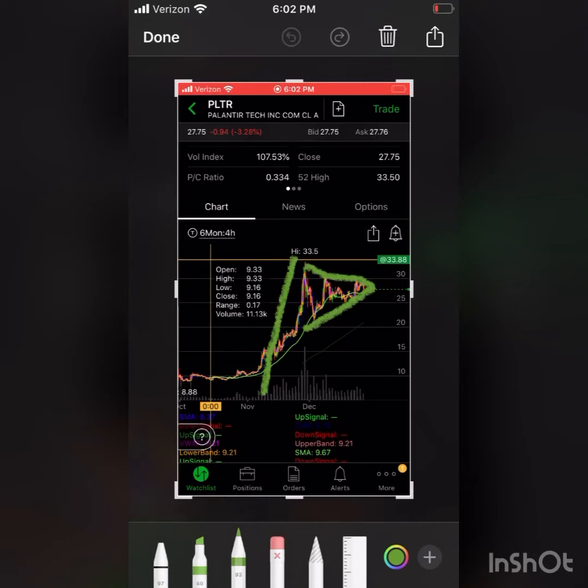What's important here is each one of these highs is consistently lower than the previous high, so that creates that downward line there. And then each one of these lows gets consistently higher, so that creates that line that you see there, and that gives you that nice wedge pattern. So that's what you're looking for in a bull flag.